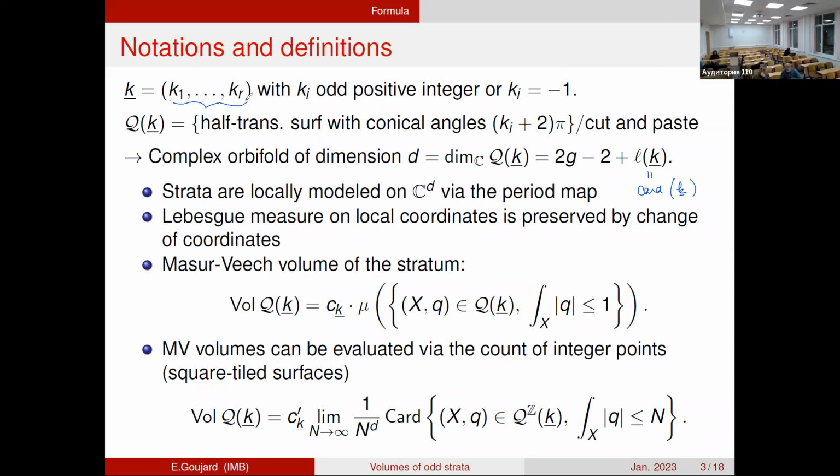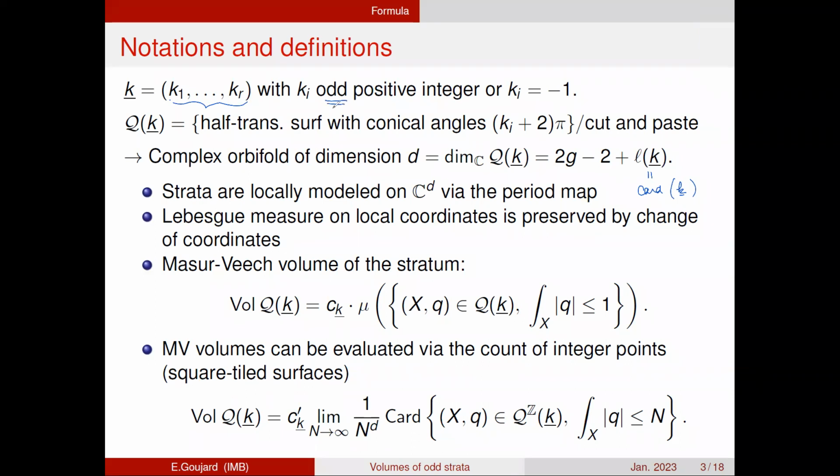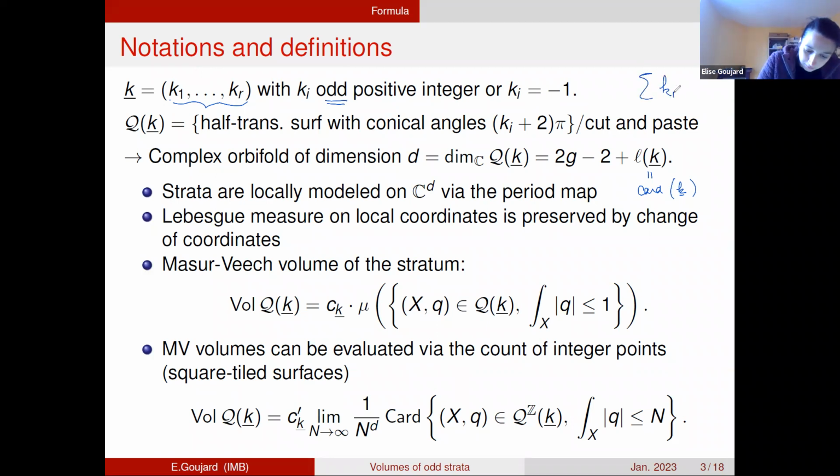Yes, order. So what is called R in this sequence k_1, k_2, ..., k_R? Yeah, it's any sequence of odd integers and possibly minus ones that sum up to 4g minus 4. Of course, you always have this condition. The question is, is it right that L of K is equal to R or not? Yes. Sorry. Yes. Okay.